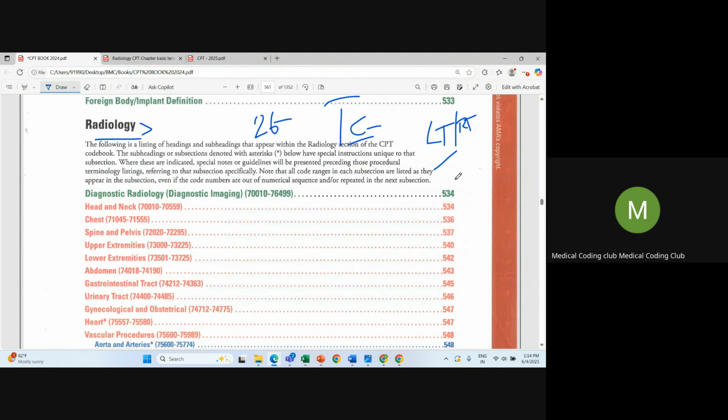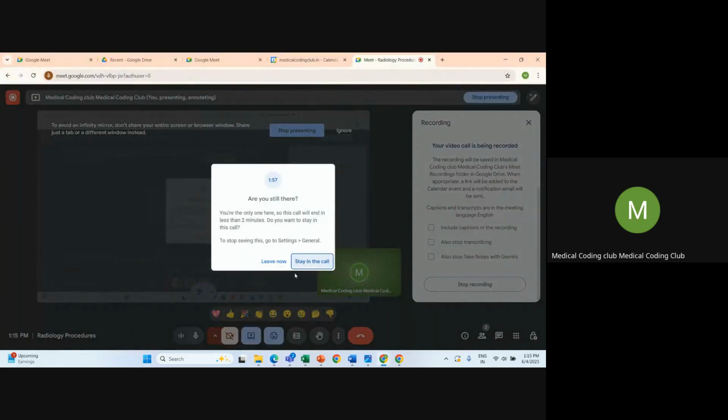But when they are examining the chest, a single organ, there is no right side and left side specificity. Then you don't have the two things, and you cannot just select RT and LT if they mention the right side of the organ or the left side of the organ.